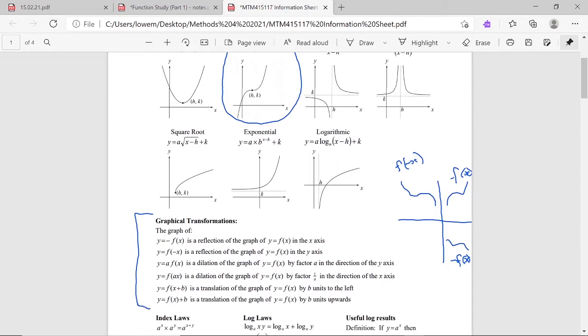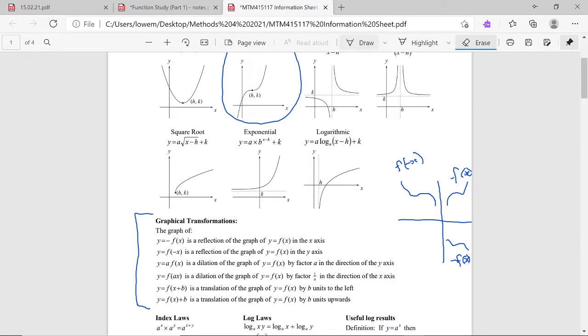You'll notice that the wording on our information sheet says in the direction of the y-axis. We can say parallel to the y-axis, or we could say from the x-axis, which just means away from it, which is why the textbooks have it as from the x-axis, but it means the same thing as in the direction of the y-axis. It's really just to highlight a little bit of difference in wording, but meaning the same thing.